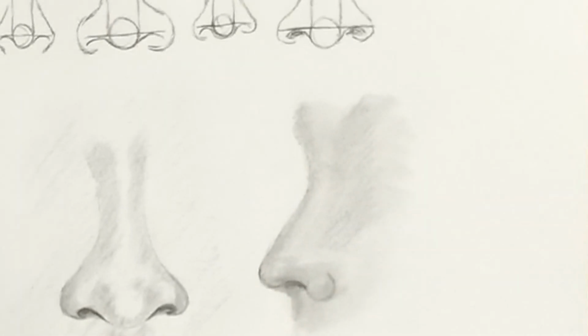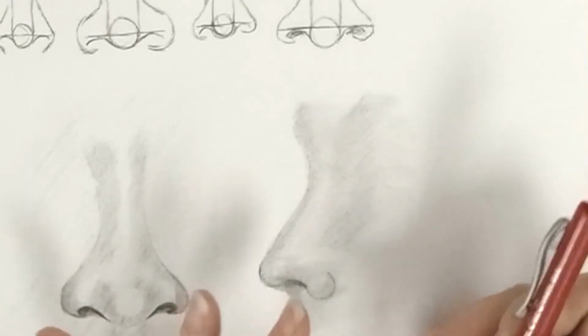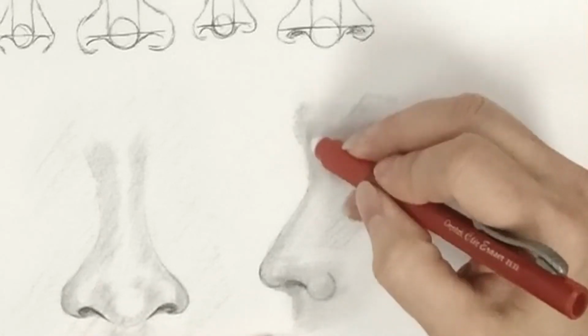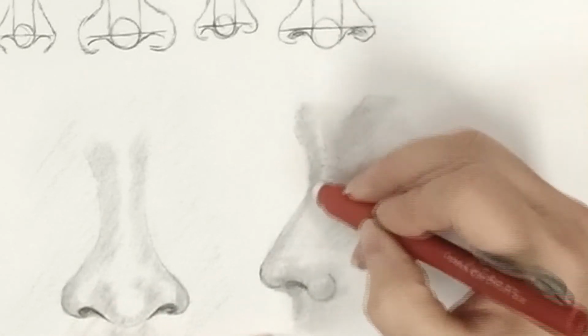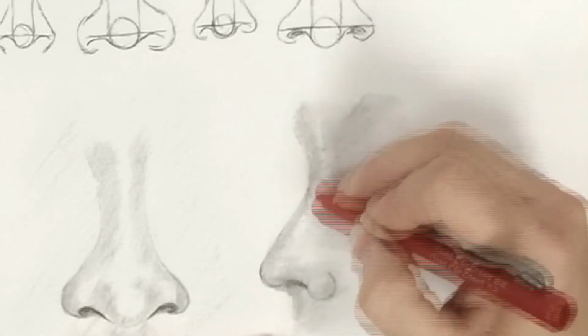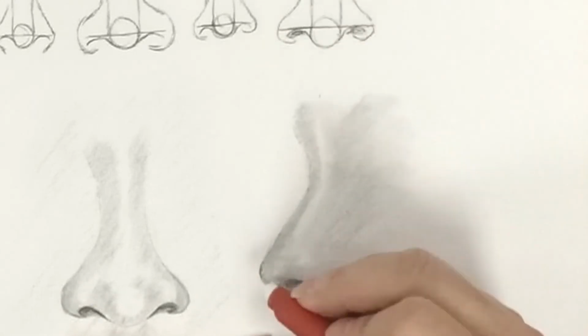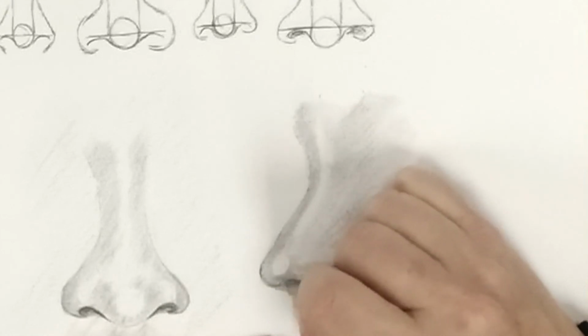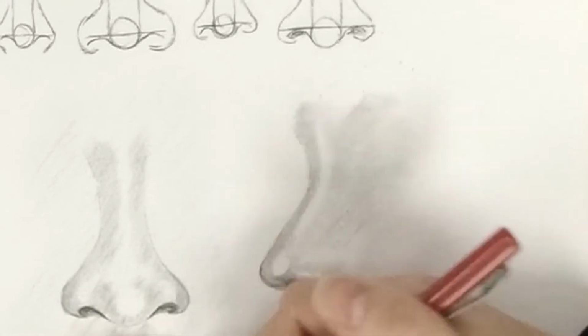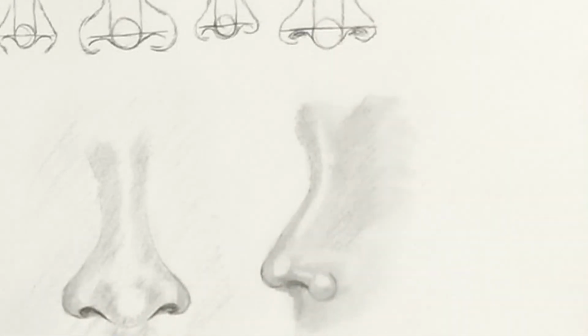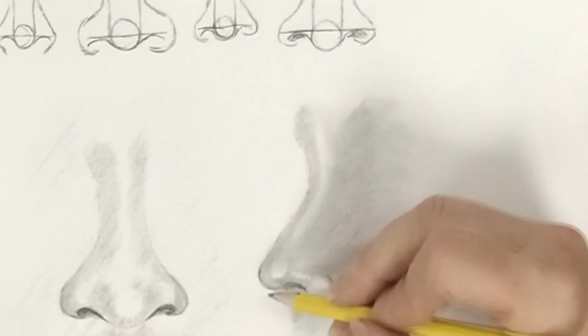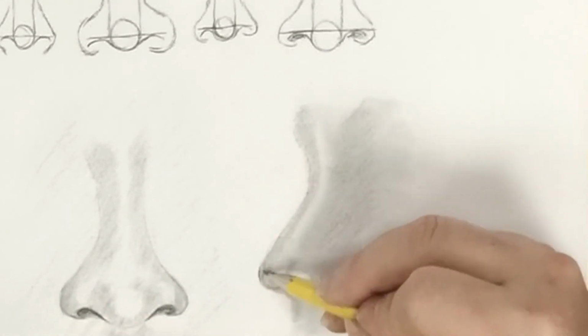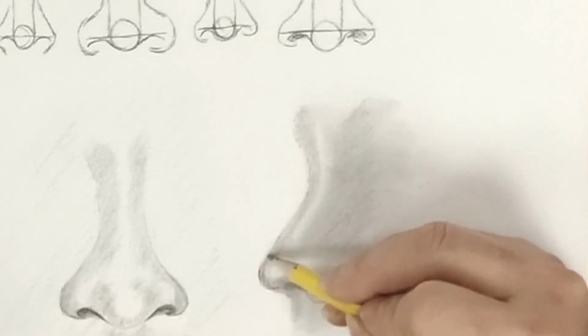So now that I've blended, I do want to go back and erase a few things and add a few things. I'm going to erase a little bit of my graphite coming down the nose to create that highlight. I want a little highlight here on the tip and maybe a little bit here. Now when I come back in, I can darken up the areas that need a little more definition.